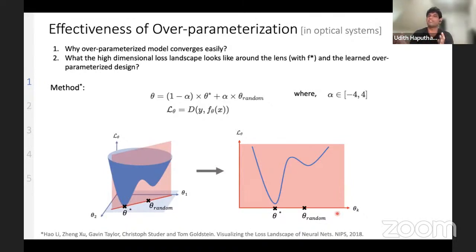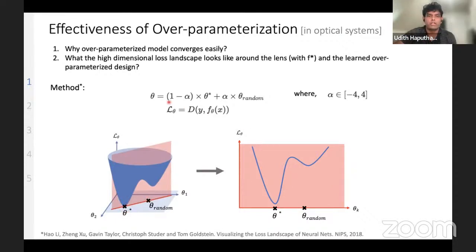If I look at a bunch of them, I can get a good understanding of how the loss fluctuates around this optimal point. When I change the random theta, this line goes to different locations, but theta star is constant. So we cut the loss landscape in different ways, but all of these ways include theta star.